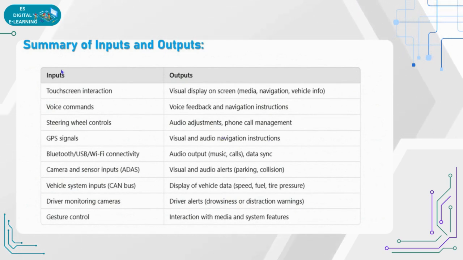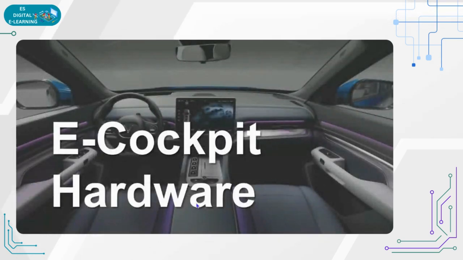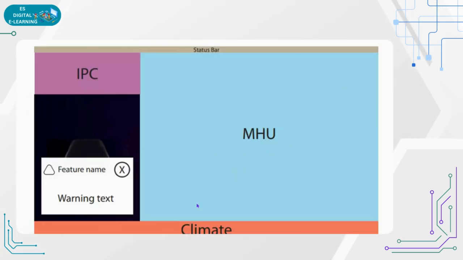So these are the inputs we give to the e-cockpit ECU, and outputs are this. Is it clear?